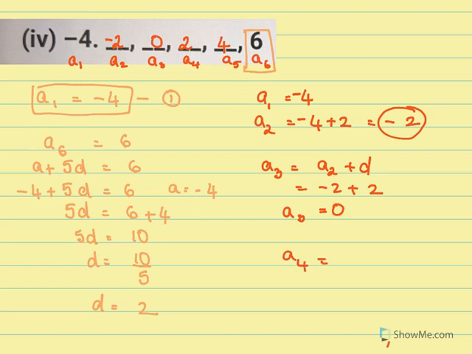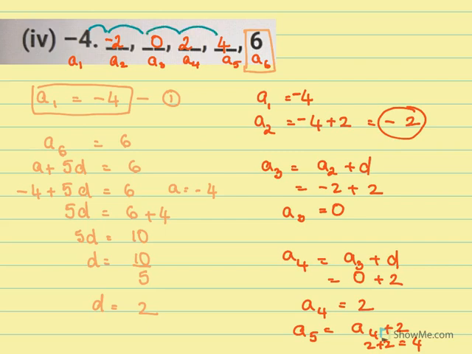So my A4 will be A3 plus D, and my A3 was 0, 0 plus 2, so my A4 will be 2, and my A5 will be A4 plus 2, that is 2 plus 2, and that is 4. You just keep on adding your D here, and D here in every case is 2.